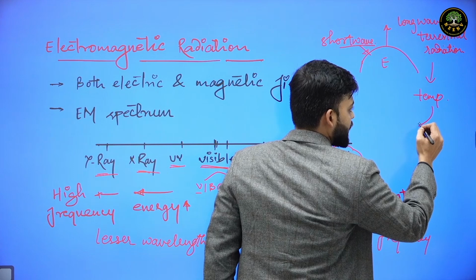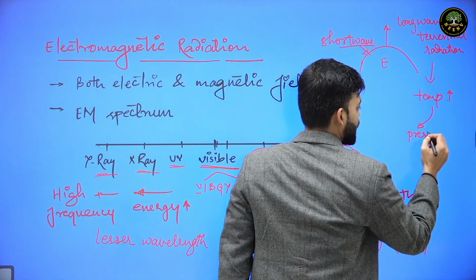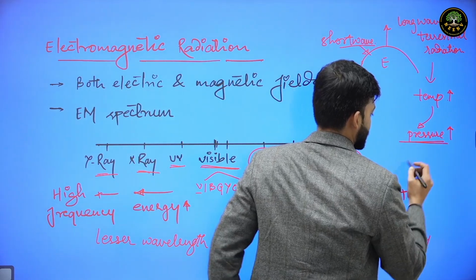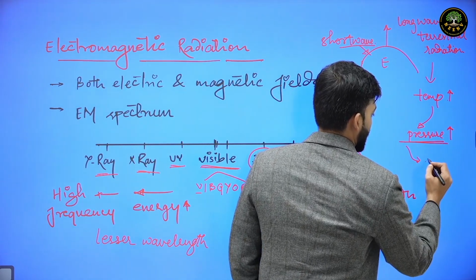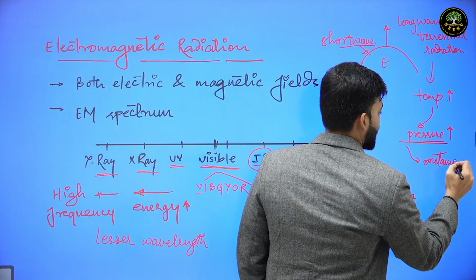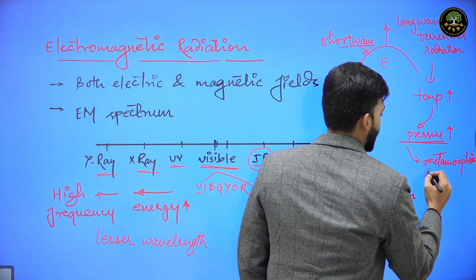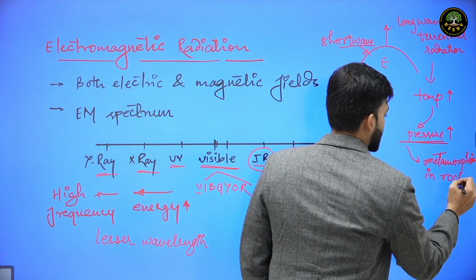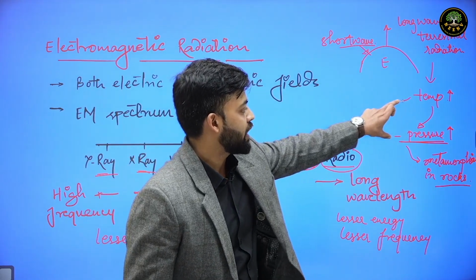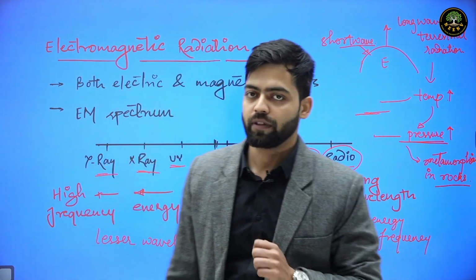Because of this rise in temperature, there is rise in pressure. This change in pressure gives rise to metamorphism in rocks. Also, the temperature and pressure relation gives rise to various weather phenomena on the surface of the Earth.